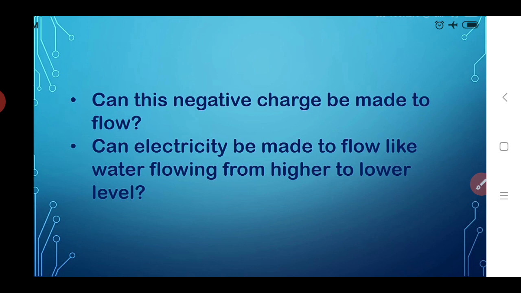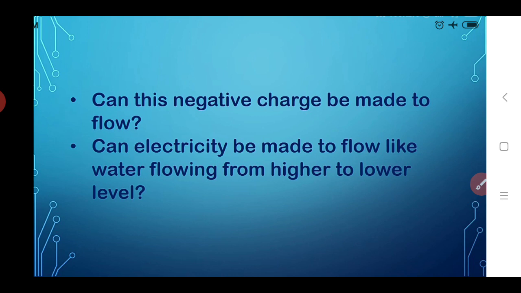Electricity is made up of the flow of negatively charged particles from one place to another, like we see the flow of water from higher to lower level, as the electrons, or negatively charged particles, move from a higher level to a lower level of the charge. So the answers to all of these questions we'll see in the next point.